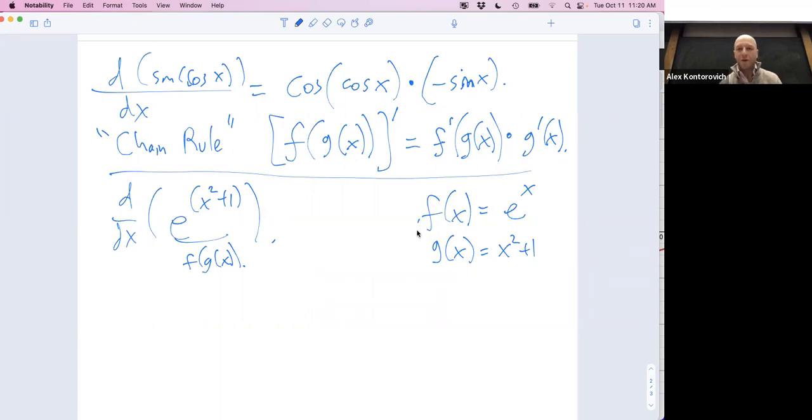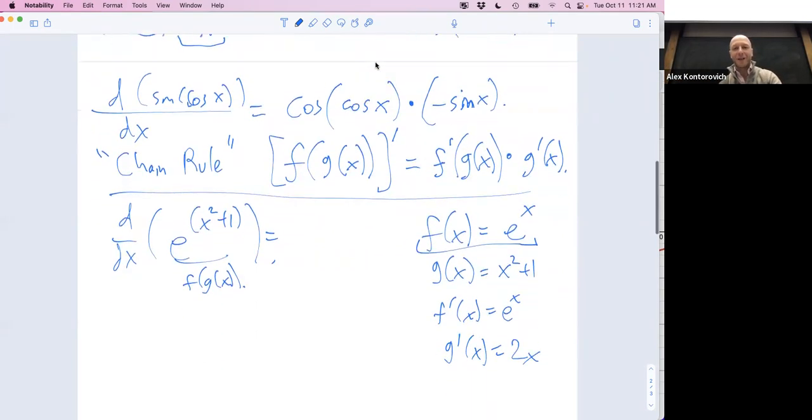Okay. What's the derivative of f? The derivative of e to the x is itself, e to the x. What's the derivative of g? 2x. So the formula is the chain rule, the shortcut. It's not a rule, right? Rules are imposed. Shortcuts are things that are supposed to help you, so you don't have to do this kind of a calculation every single time.